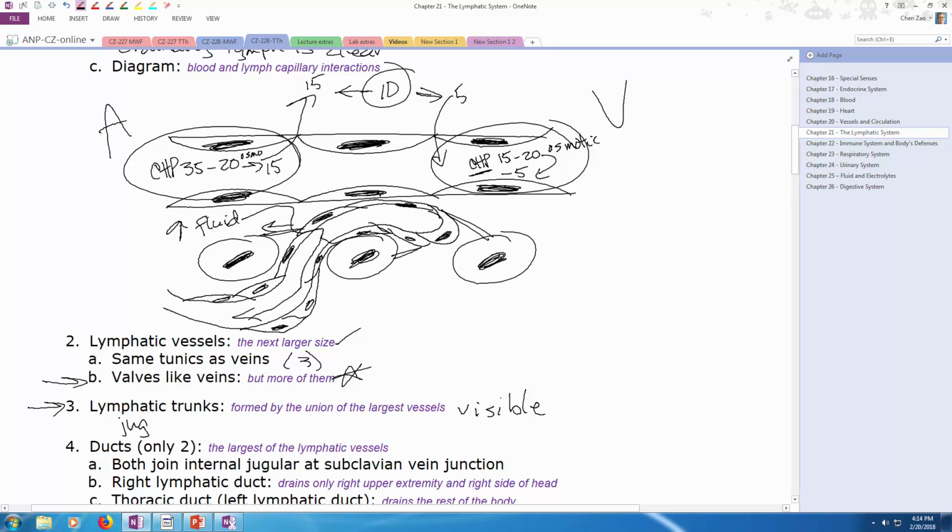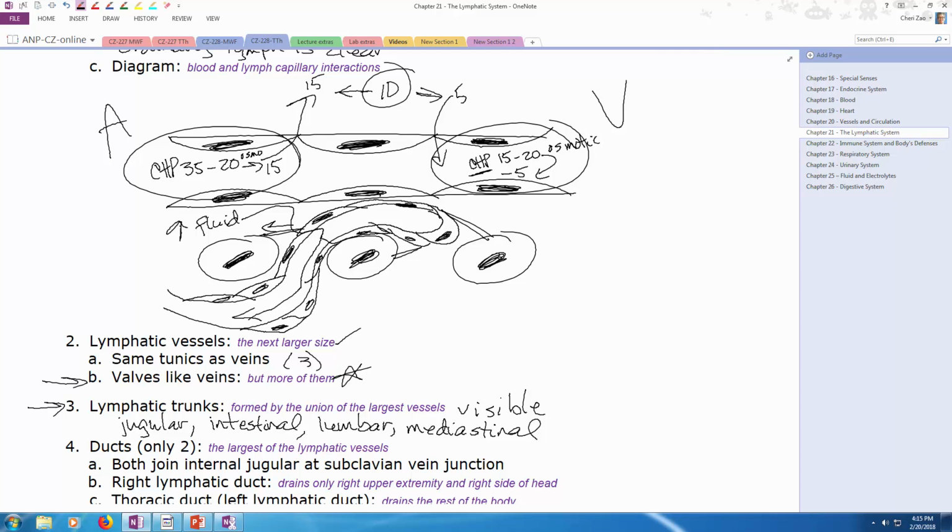They are large enough to actually give them names to. So we have jugular trunks. We have intestinal trunks. We have lumbar trunks. We even have mediastinal trunks. So those names tell you where to find them, where they are bringing lymph from.